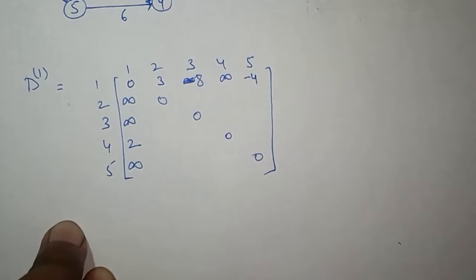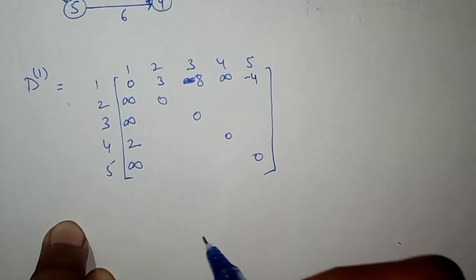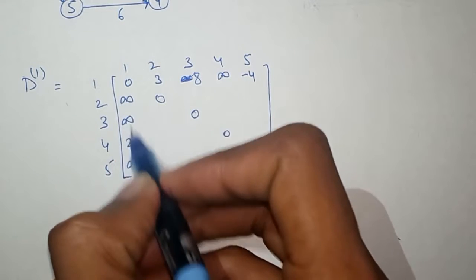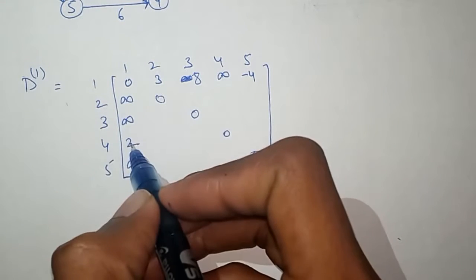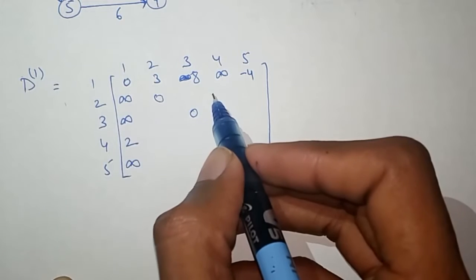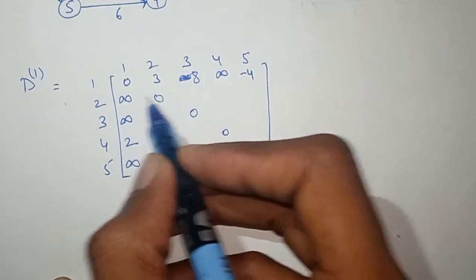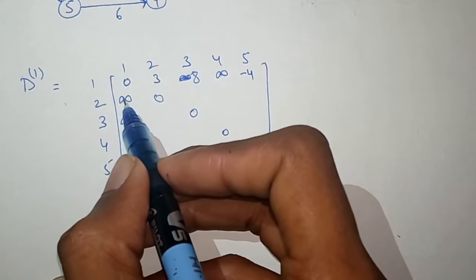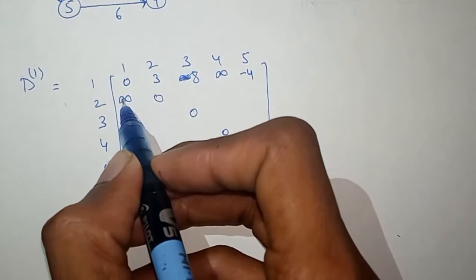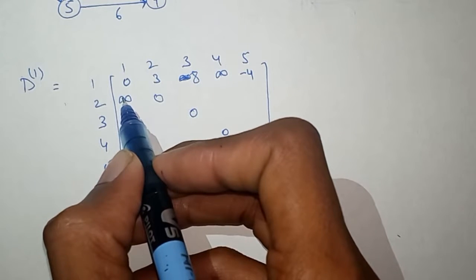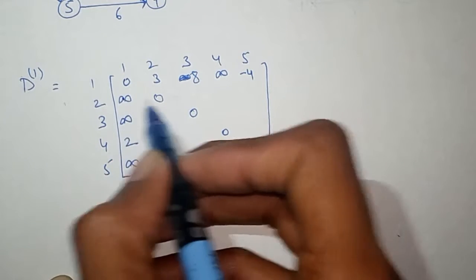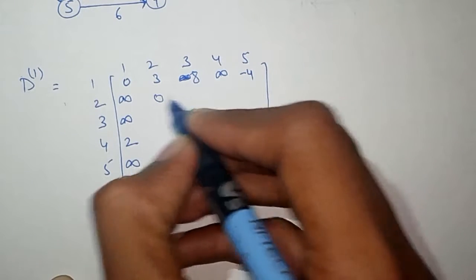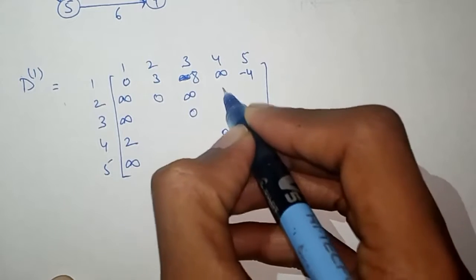All the other elements of the D1 matrix can be found using the method that if there is an infinite in the first row and first column of the D1 matrix, then the other elements in front of the infinite element will be the same as in the D0 matrix. In the D1 matrix, the second row will be the same because the first column entry of the second row is infinite, so this row will be the same as in the D0 matrix: infinite, 0, infinite, 1 and 7.